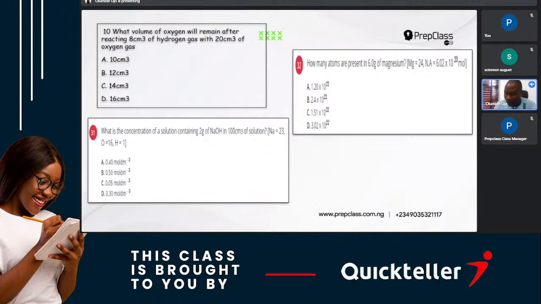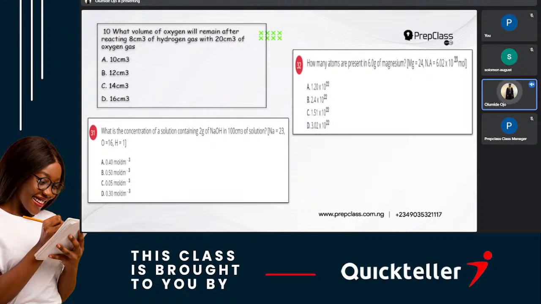So the number of moles of NaOH in the solution will be mass 2 over 40. And what is 2 over 40? 0.05. So now that is the number of moles.